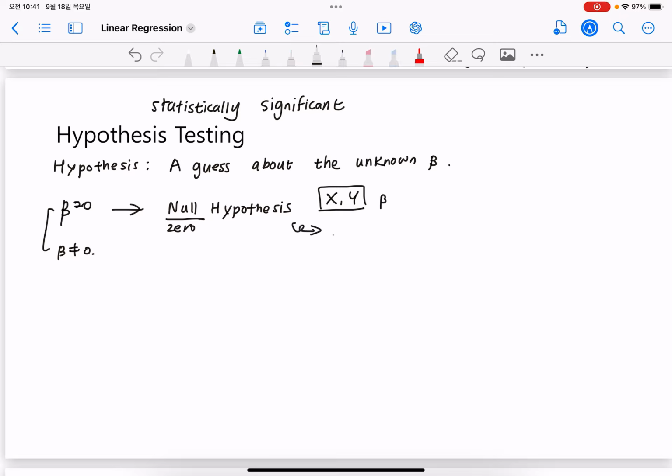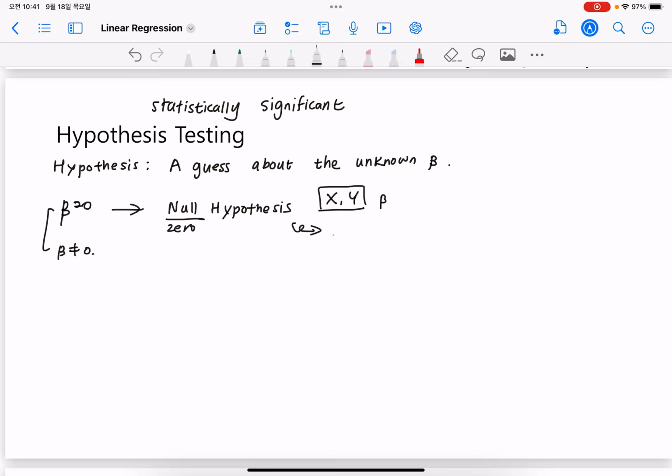And sometimes you can guess that beta is not equal to 0 in the first place. So this is called the alternative hypothesis. But usually in statistics, you first guess that there is no relationship, and the goal here is to reject the null hypothesis. Okay?